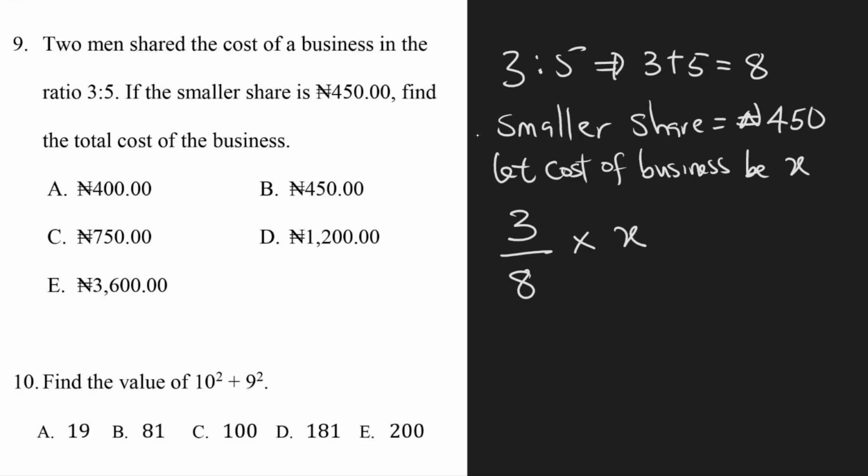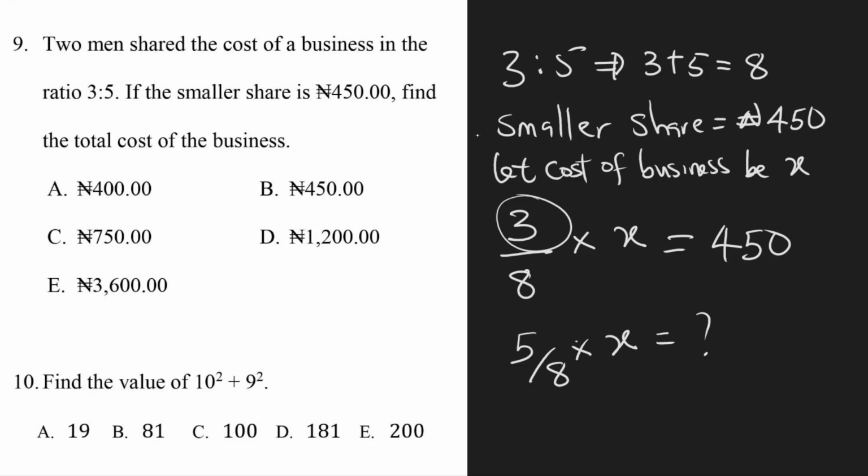And we know the smaller share was 450, right? So equals 450 naira. So we are dealing with that of the smaller share. For the bigger share, it would have been 5 over 8 times the total amount, equals, but we don't know that one.